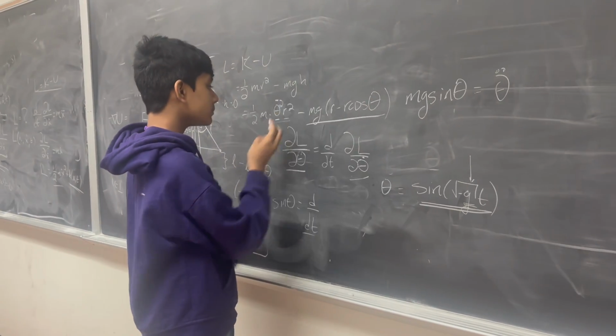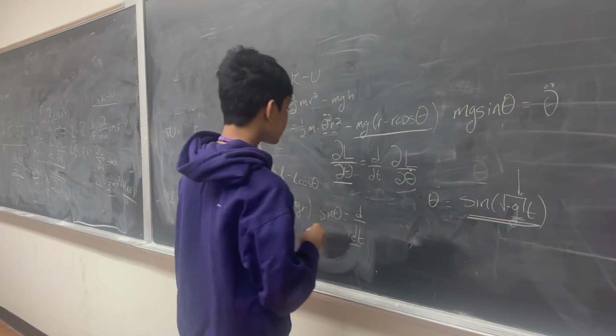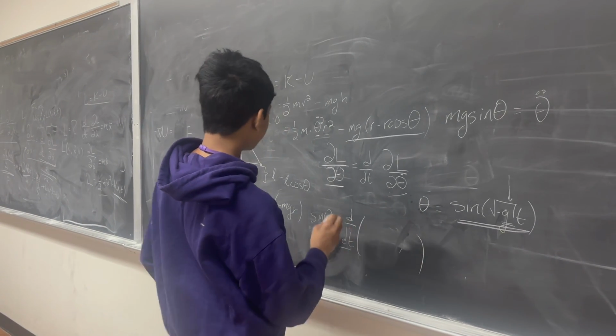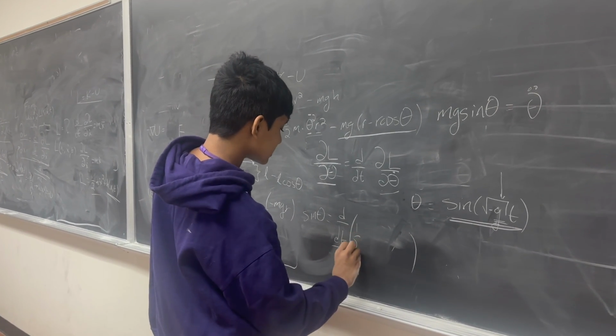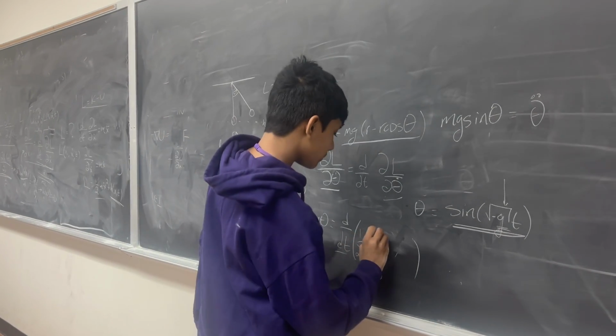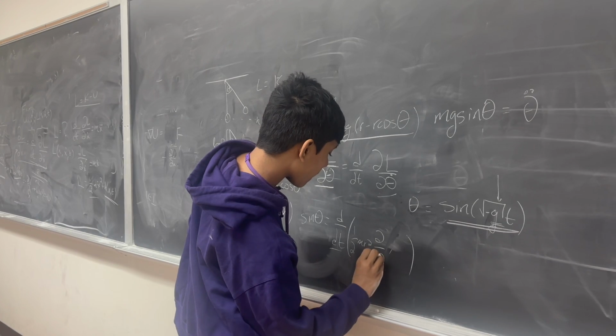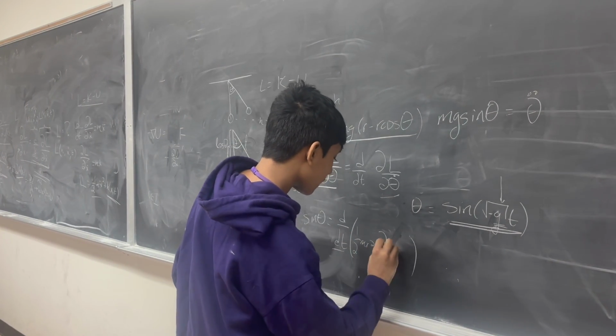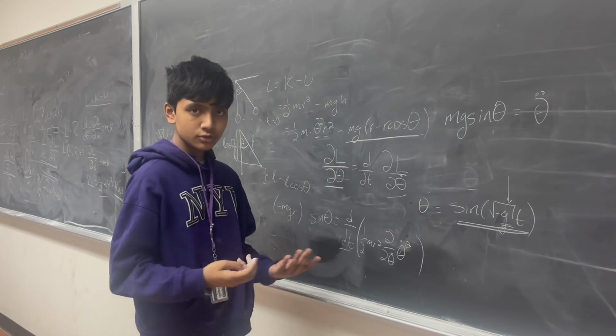This guy gets wiped. We only take the derivative of this one, which is going to be, once again, by linearity, we leave out the half mr squared, because that's a constant. Partial theta dot of theta dot squared, which is just 2 theta dot.